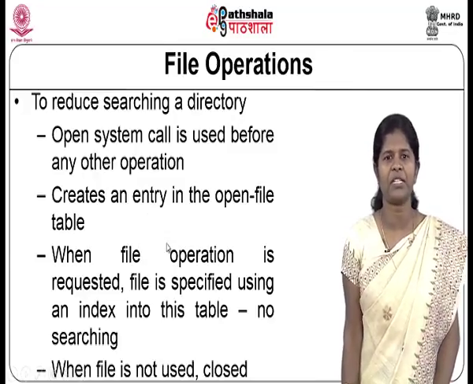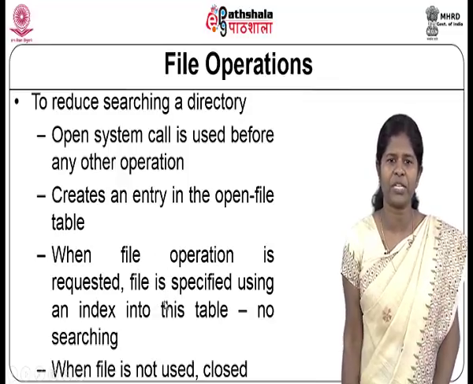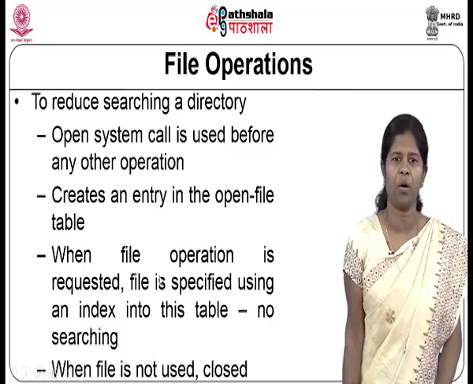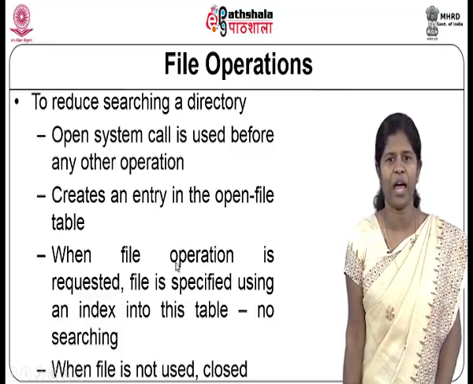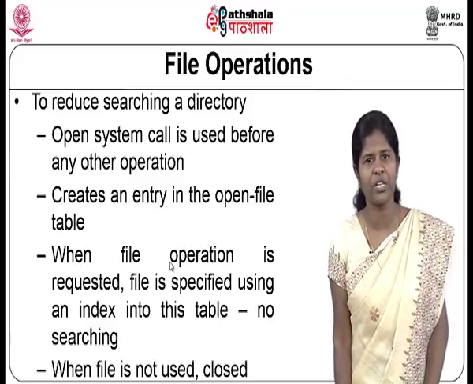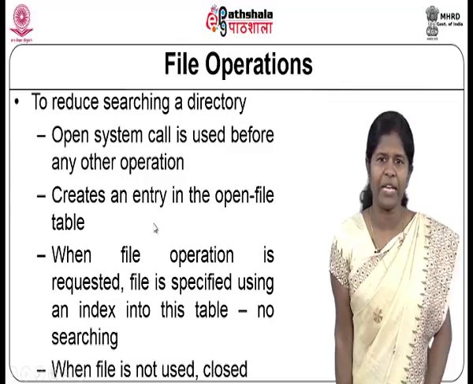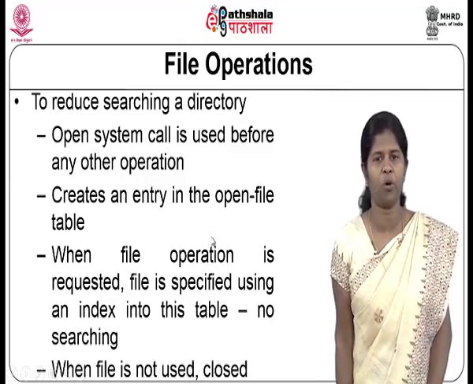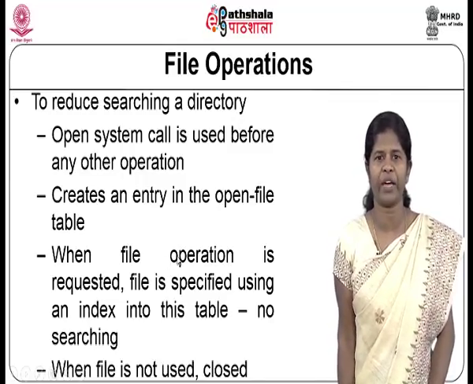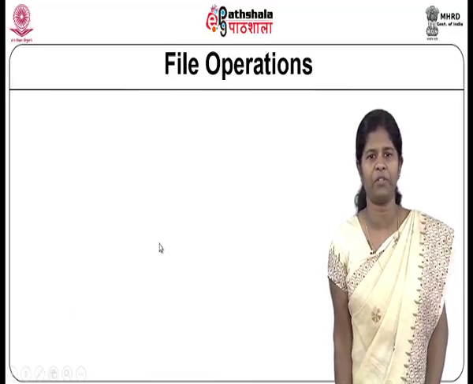And after that, whenever file operations are requested, you have to just look into this open file table, and you do not have to search through the directory. After finishing all these operations, when the file will no more be used, you will close the file, and in that case the entry in the open file table will be removed.